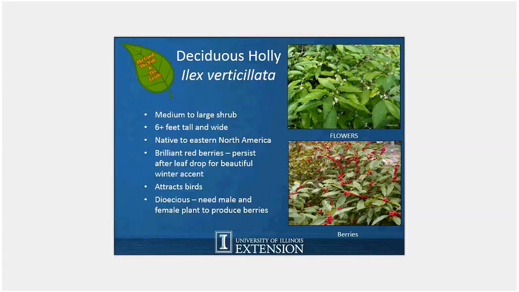It'll perform best in full sun to part shade, and you can see that the female plants give us a beautiful red berry that persists into the winter. And I said female, in order to get red berries, you'll need both a male and a female plant.